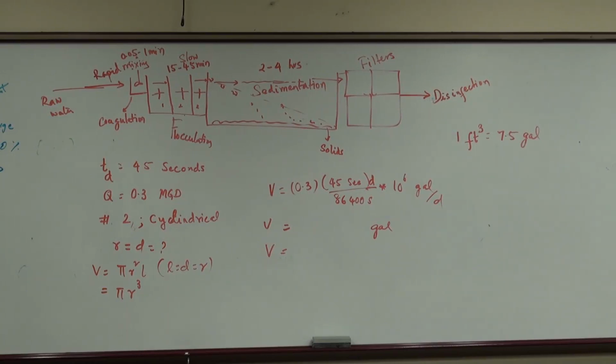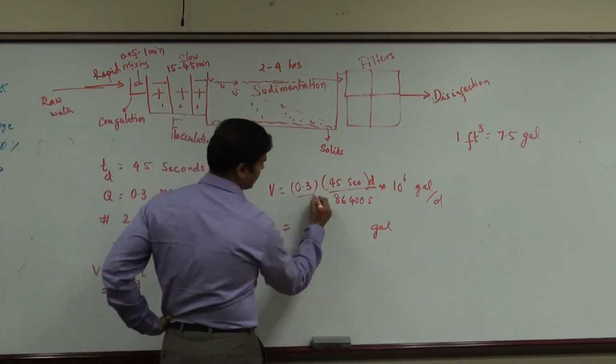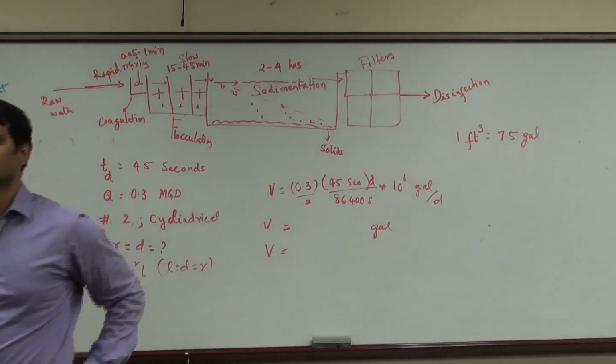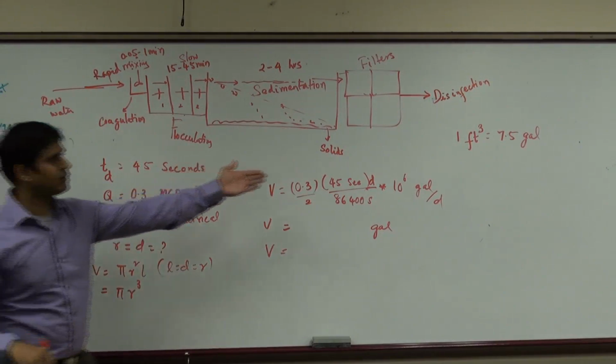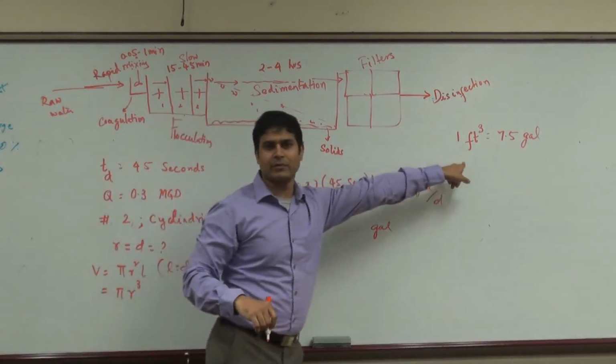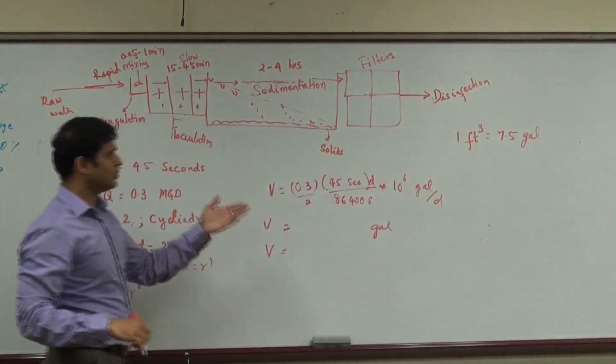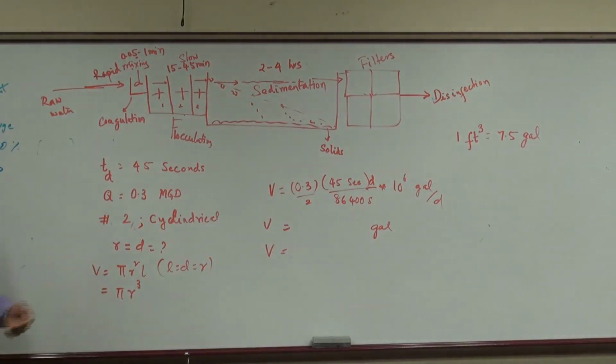Yes, I did mention that you can do it now or you can do it later. So you're right, let's go ahead and do it: divide by 2, because 2 tanks. What's your volume? Once you know the volume, convert that volume to cubic foot and then get your radius. Then you know that, right?